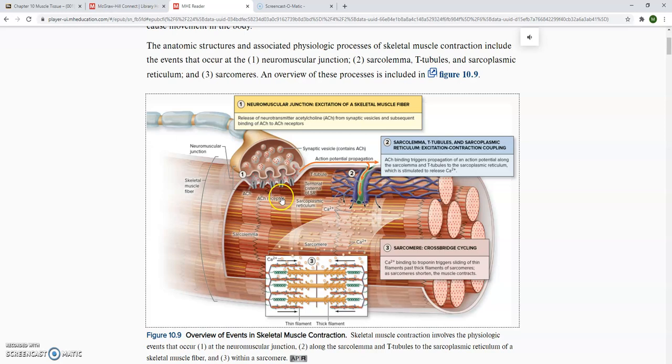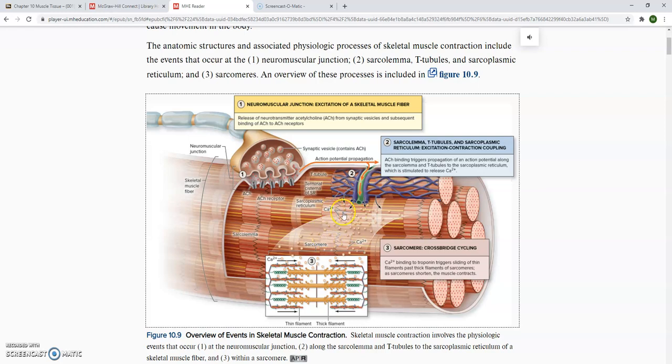If we have those gone, we don't have the action potential being propagated or traveling along the sarcolemma and going down the T-tubules. And if we don't have that action potential, then we won't have the opening of these calcium channels in the sarcoplasmic reticulum.